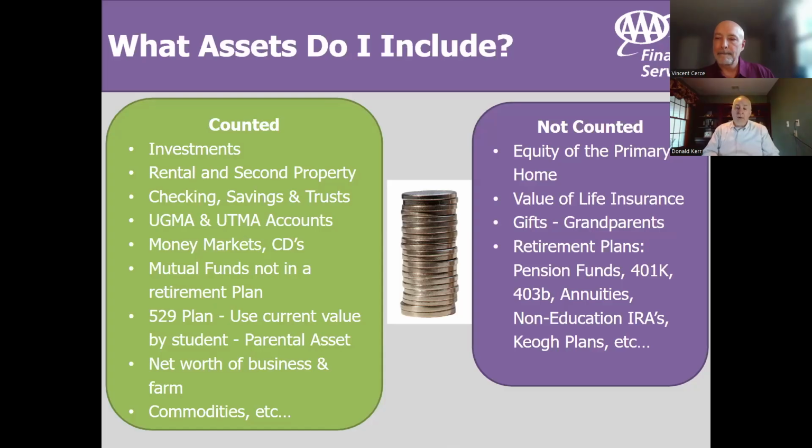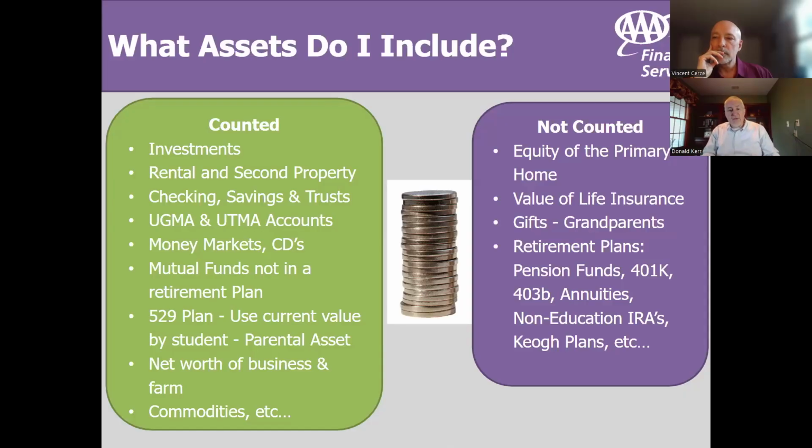What you will count are your non-retirement investments. So, if you have a financial advisor and you just said, hey, I want you to go out and buy me 5,000 shares of Apple stock, that's a non-retirement asset that you would have to list. Rental properties, vacation homes, any second properties you have, you would need the equity in there.